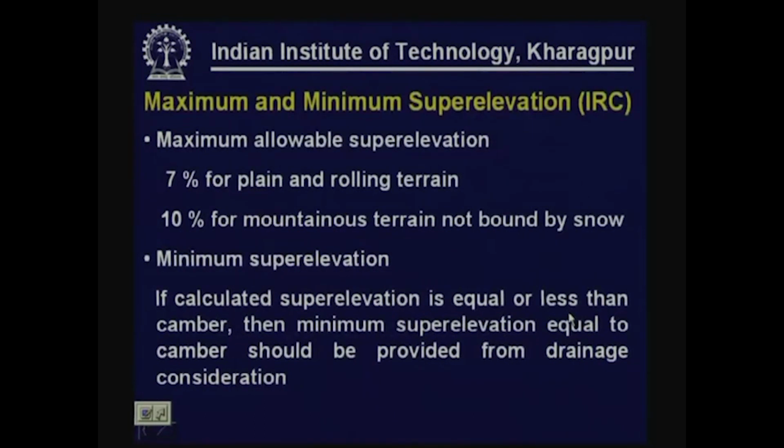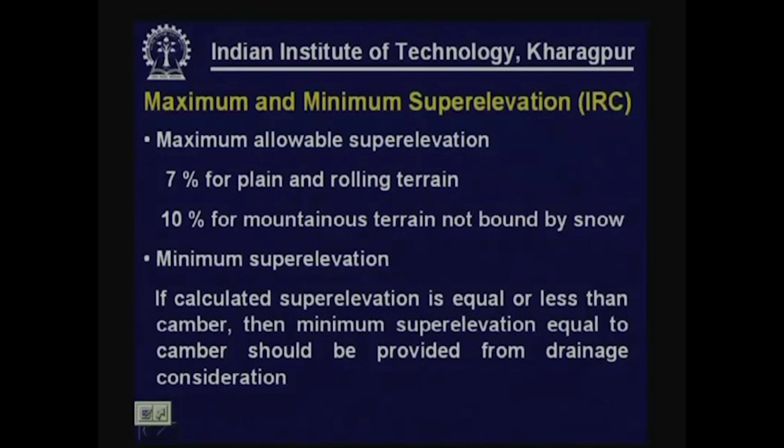Now, let us try to understand the provisions for maximum and minimum super elevation. Maximum allowable super elevation is decided based on several practical considerations. What we are discussing now is the recommendations followed in India, the recommendations of the Indian Roads Congress.